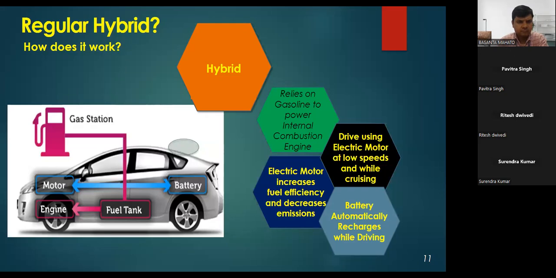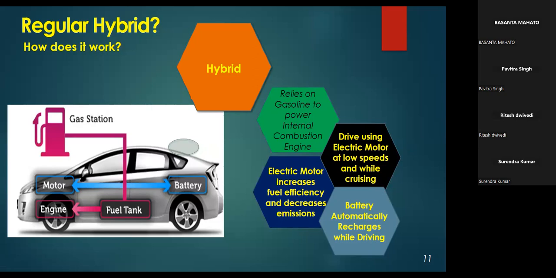So it relies on gasoline to power the internal combustion engine. In the internal combustion engine, which runs on gasoline, petrol, and diesel, we are using various parts. But the electric motor increases fuel efficiency and decreases emissions. In internal combustion engines or traditional engines, emissions in the surroundings are very high.